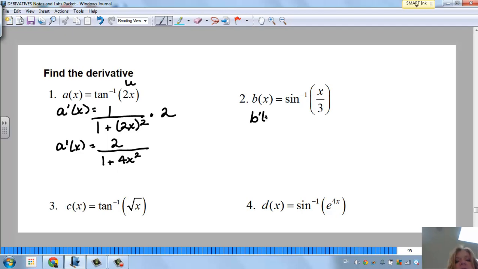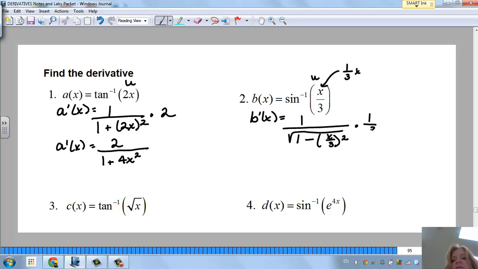Arcsine, b prime of x. Like I said, keep it out. Before I do this, I'm going to write this as 1/3 x, because I know I've got to do the chain rule. So b prime of x is going to be 1 over the square root of, and this is our u again, 1 minus u squared, and u is x over 3, squared, times the derivative of the inside, which is going to be 1/3.